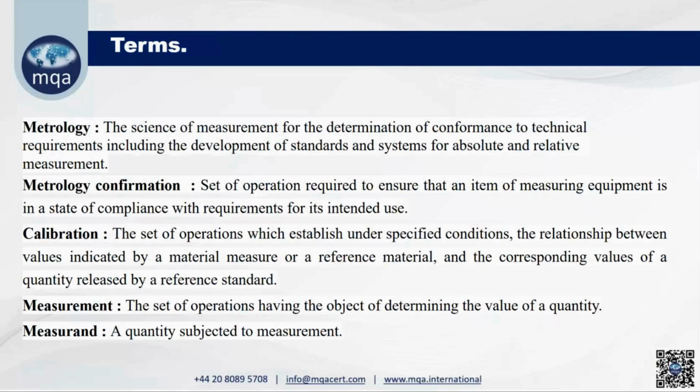Can anyone tell? Intended means what it is made for. What is the application here? So for measuring length, it will check only length, not other parameters. So before measurement, we need to ensure that the instruments are calibrated.